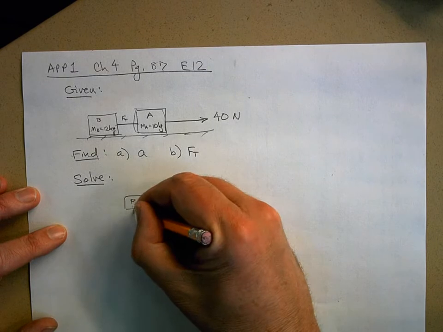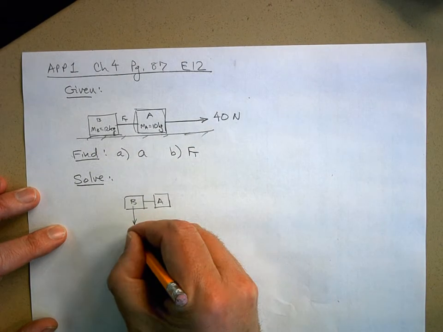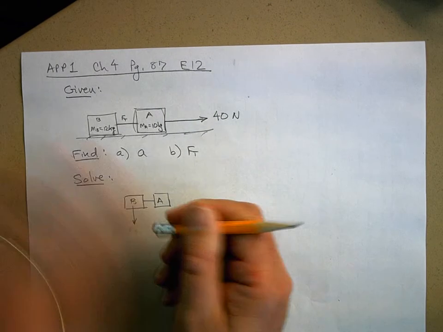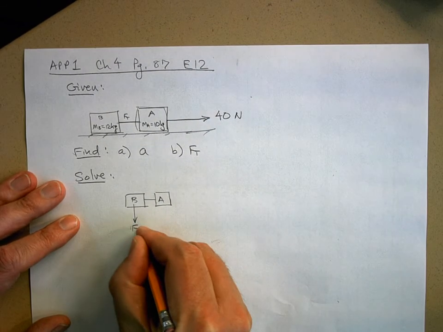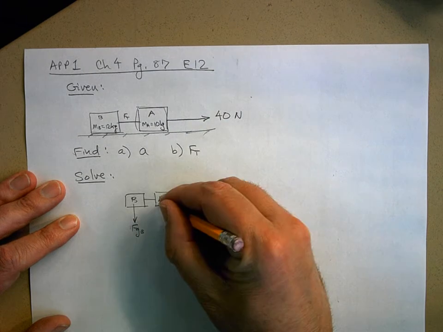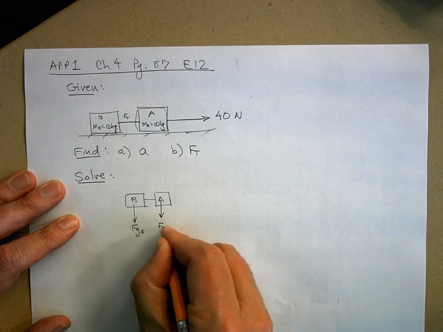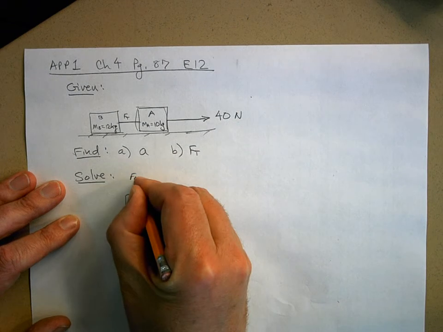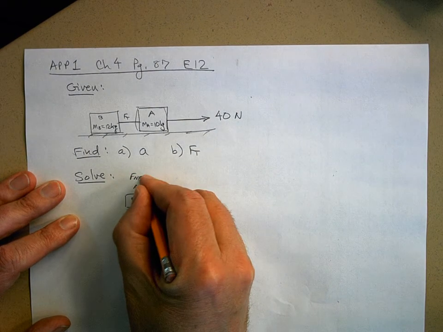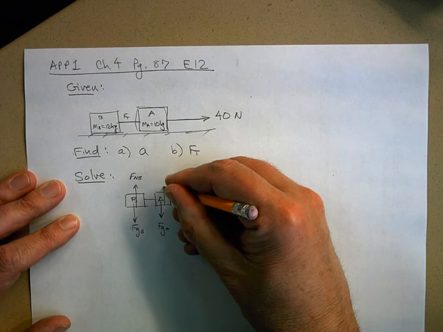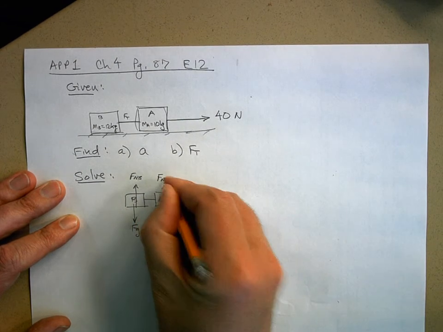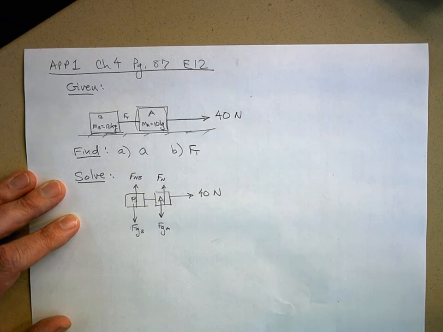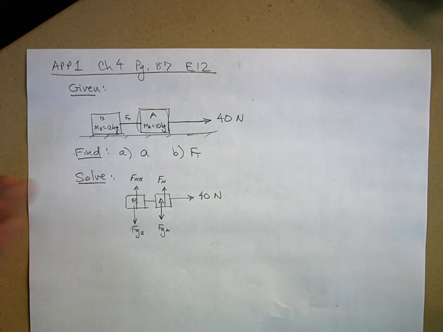And I've got the force of gravity on B, the force of gravity on A. Here I've got the normal force on B, and the normal force on A. But most importantly, I've got this pulling force, 40 newtons, like that.